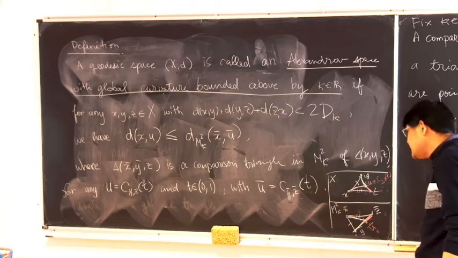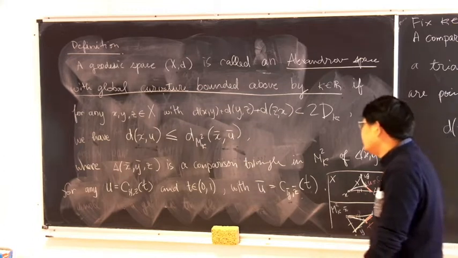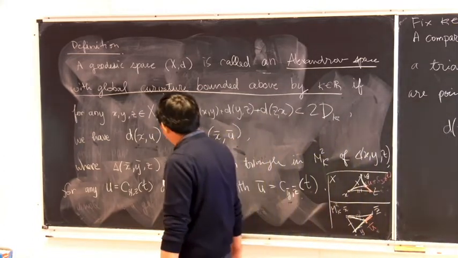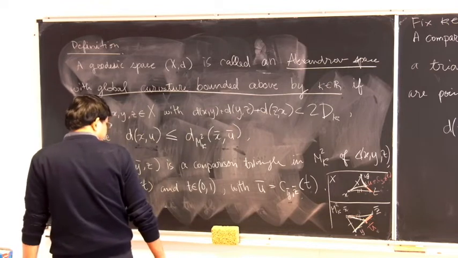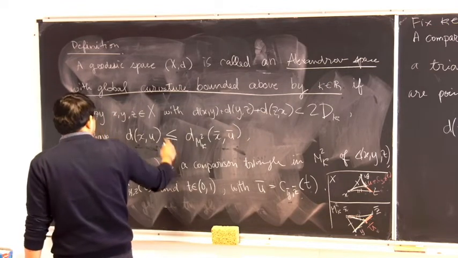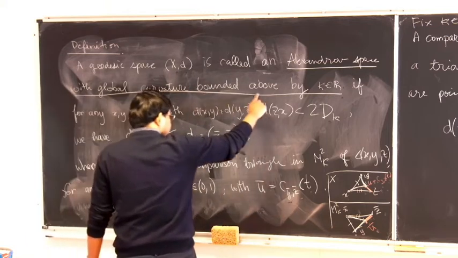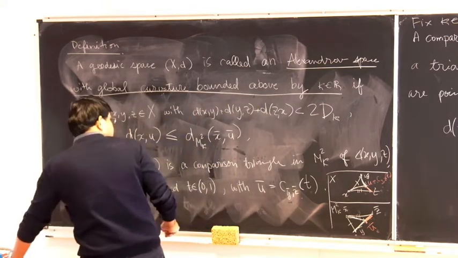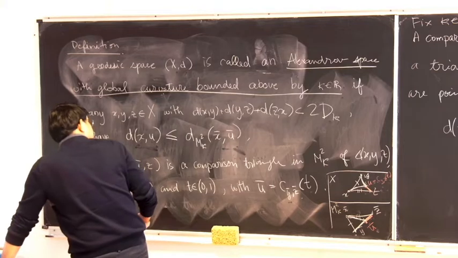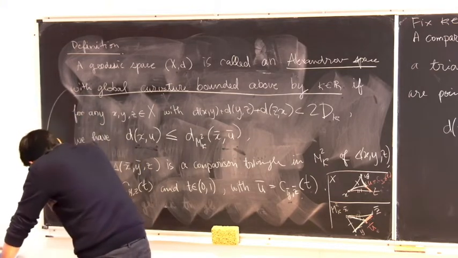And due to that, we will shorten the name Alexandrov space with global curvature bounded above by kappa. Let me draw it here.